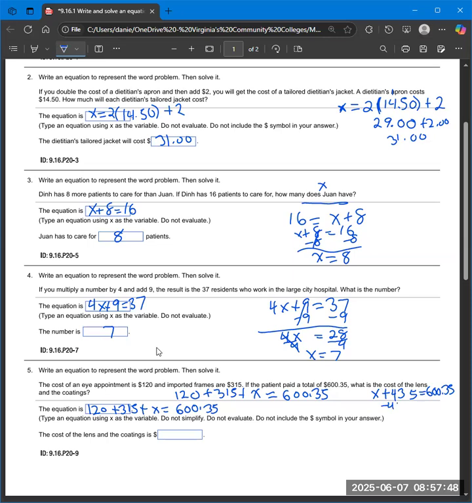So when I subtract $435 from both sides, x is equal to, that's 35 cents there, 9, 5, 6, that's a 5 minus 4 is 1, so I get $165.35 for the cost of the lenses and coatings.